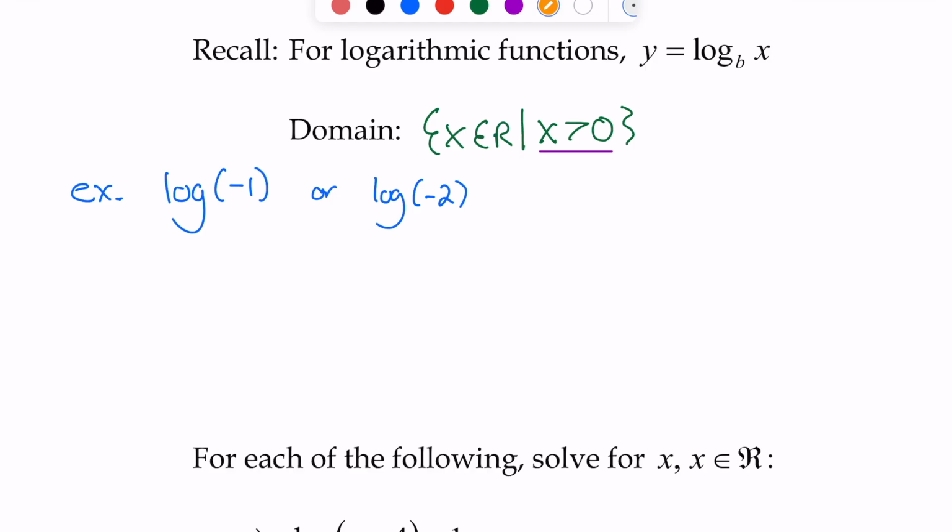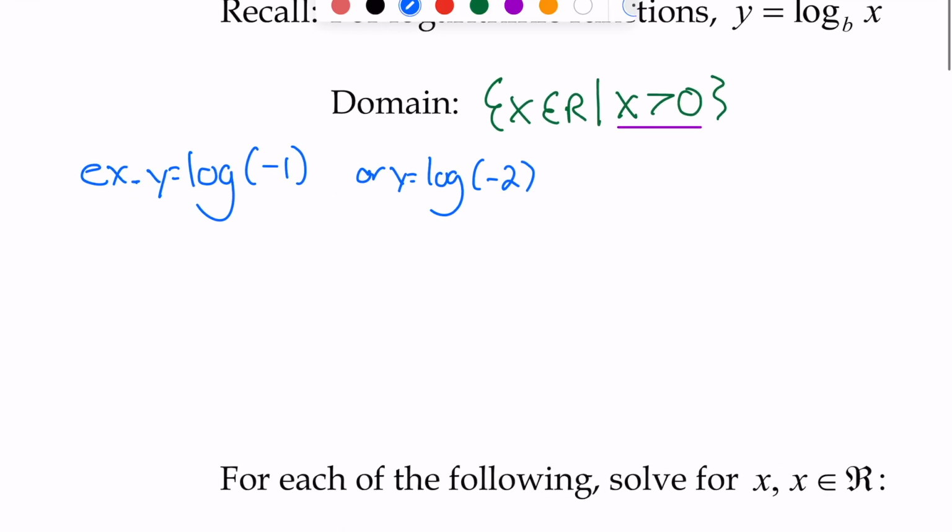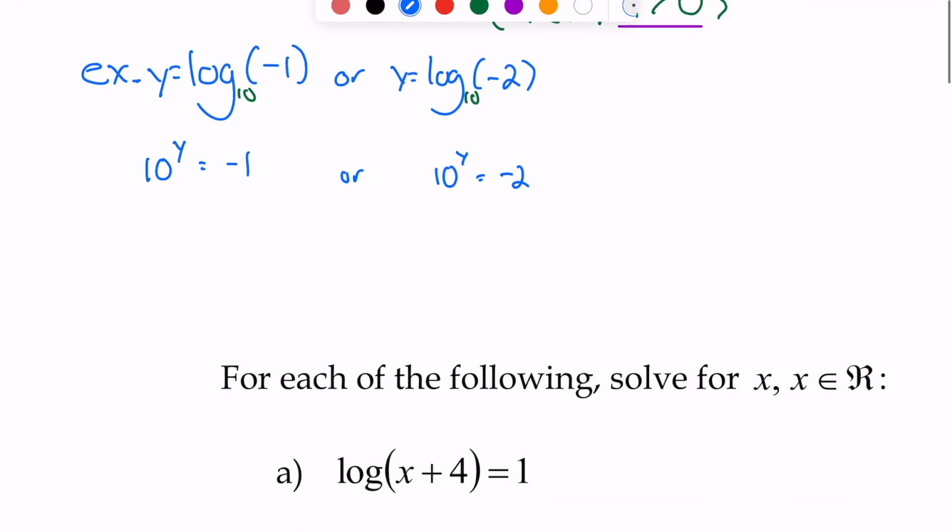So you have y equaling the log of -1, or y equaling the log of -2. If you were to solve either one of these examples, you would put it into exponential form. These have a base of 10, so if I put it in exponential form, I'd write it as 10 to the y is equal to -1, and the same thing over here, 10 to the y is equal to -2.